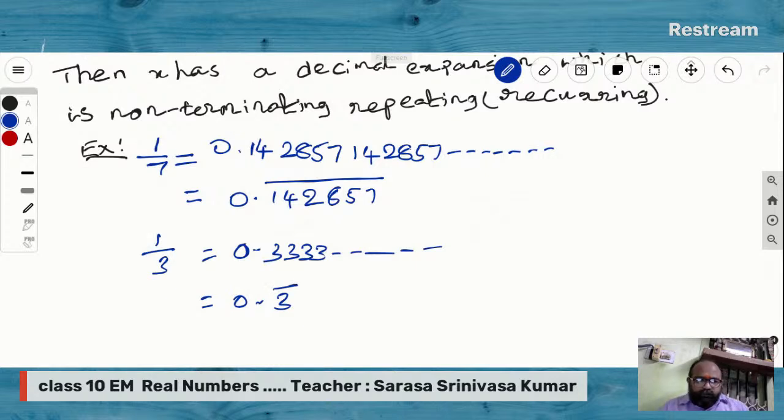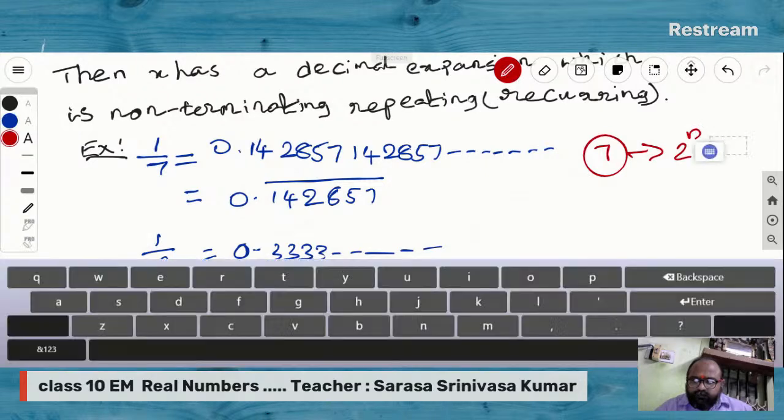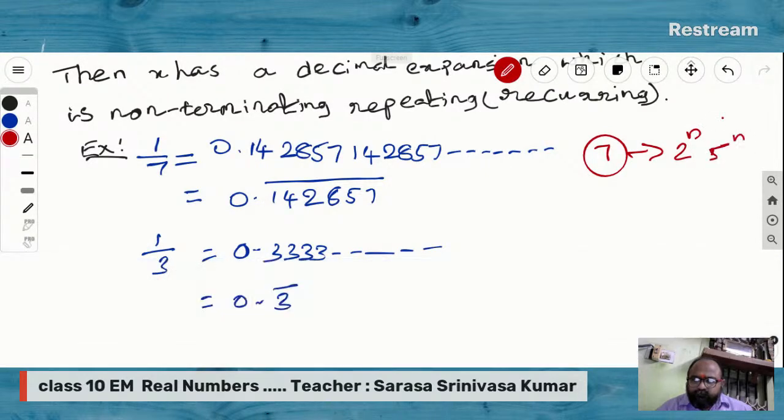So here what we have to observe is 7 is in the denominator, and this 7 is not in the form of 2 power n 5 power m. And here 3 is in the denominator, so 3 is not in the form of 2 power n 5 power m.